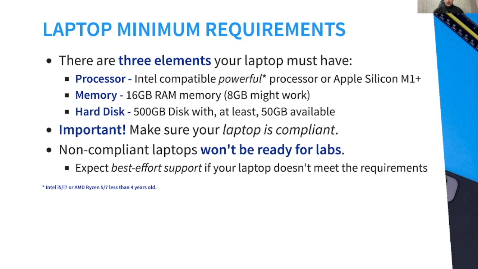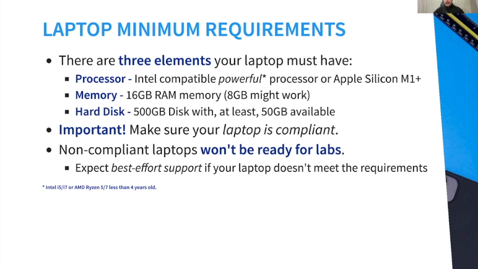When it comes to older laptops, that means you are using an Intel processor. The Intel processor should be an i5, i7, or bigger than that. I believe i9 is an option as well. And if you're running an AMD version, it should be a Ryzen 5 or 7.